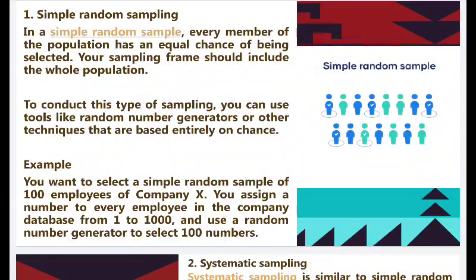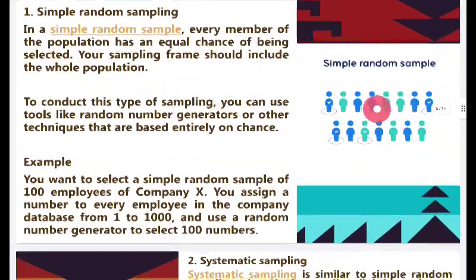For example, you want to select a simple random sample of 100 employees of company X. You assign a number to every employee in the company database from 1 to 1,000, and use a random number generator to select 100 numbers. Okay, pipili ka lang.